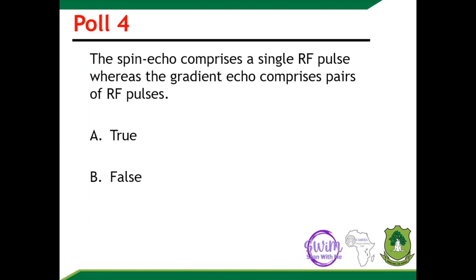The gradient echo is the one where we apply gradient pulses together with the 90-degree excitation pulse in imaging. So the question is: the spin echo comprises a single radiofrequency pulse, whereas the gradient echo comprises pairs of RF pulses. Is that statement true or false?